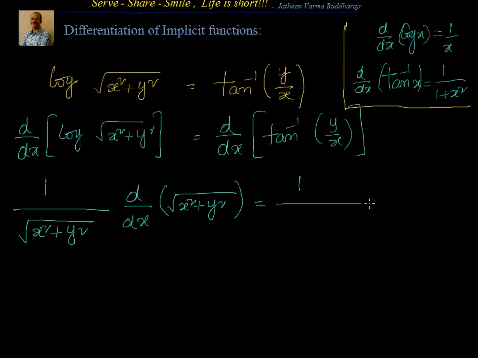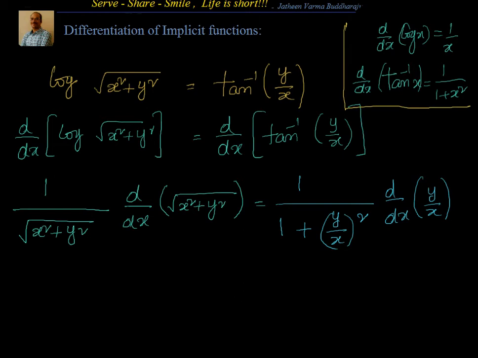So I'll write down, for tan inverse it is 1 by 1 plus x square. X is y by x here, so that is y by x whole square. Then I have d by dx of y by x.